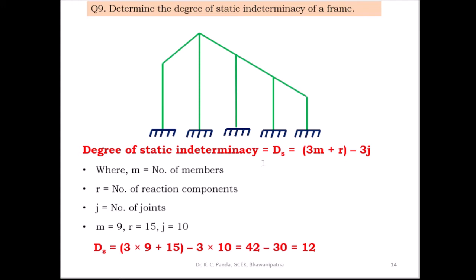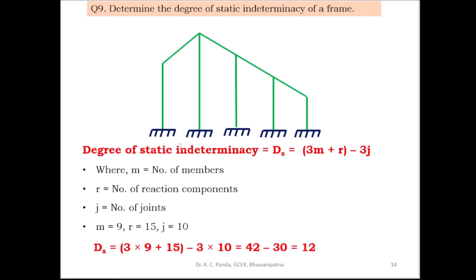And you can find out the degree of static indeterminacy using this formula. So first you count the number of members, 1, 2, 3, 4, 5, 6, 7, 8, 9. Number of members are equal to 9. Then count number of joints, 1, 2, 3, 4, 5, 6, 7, 8, 9, 10. The number of reaction components.